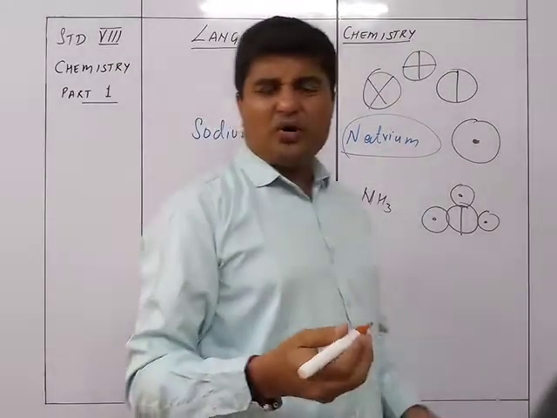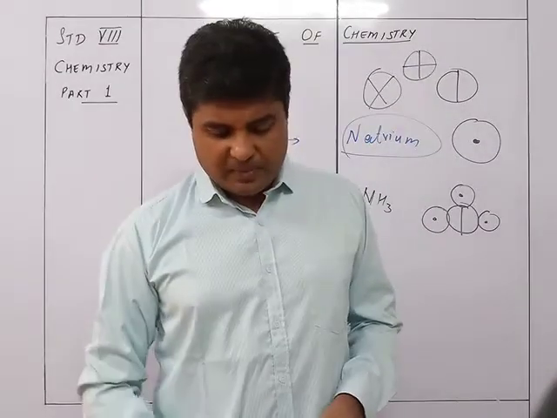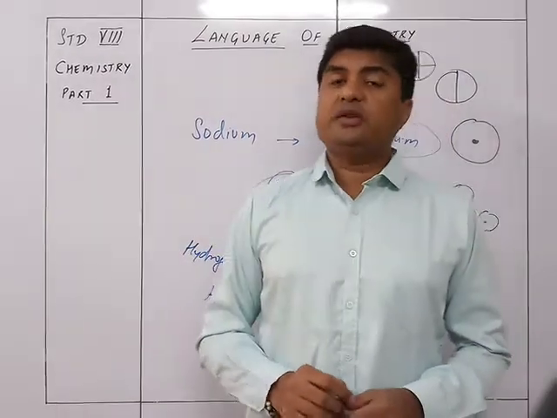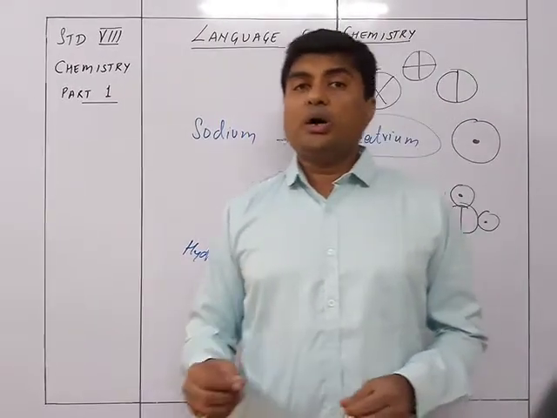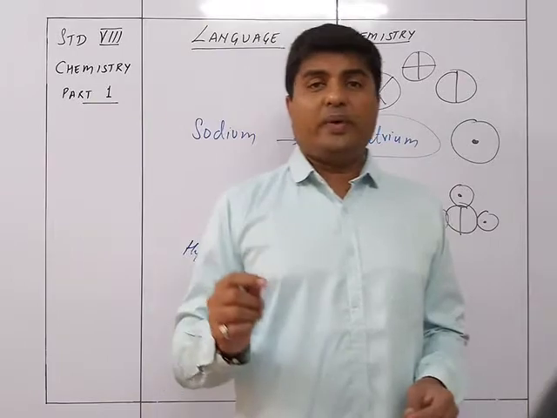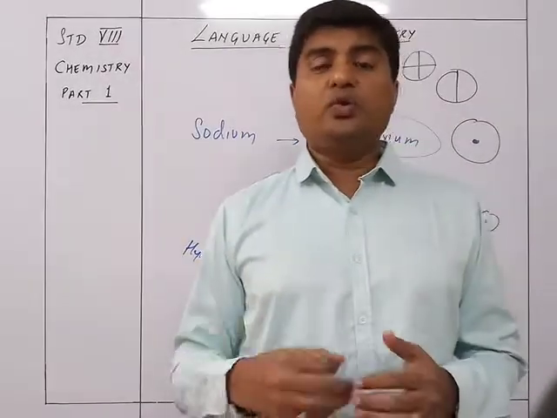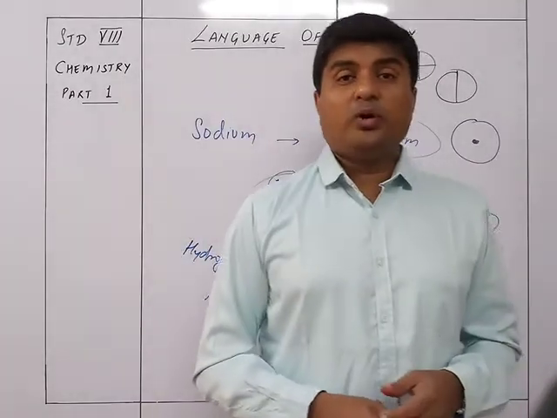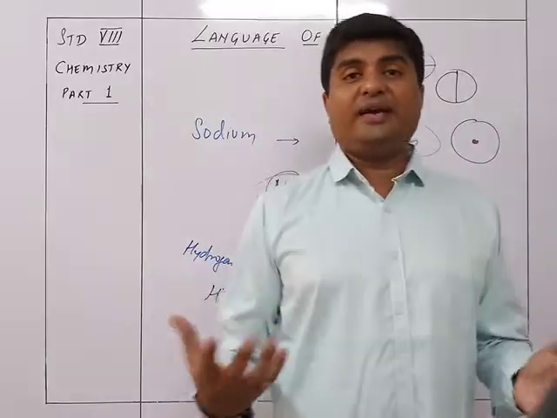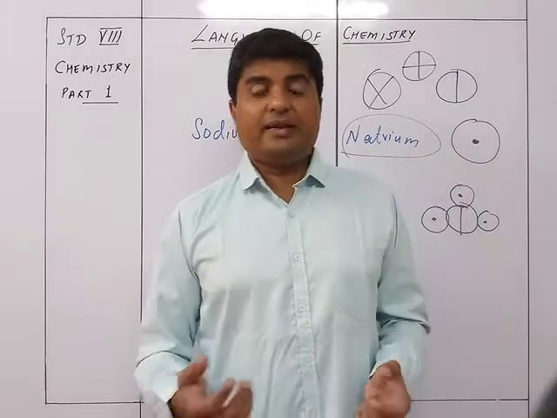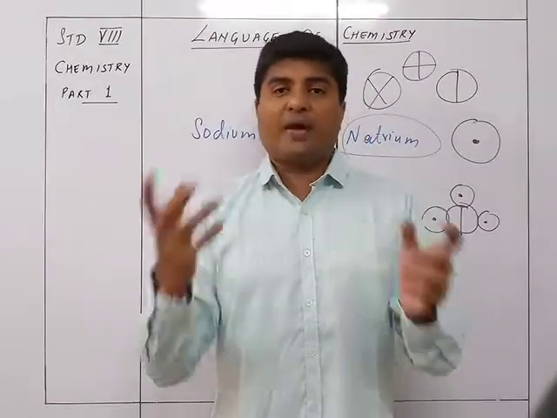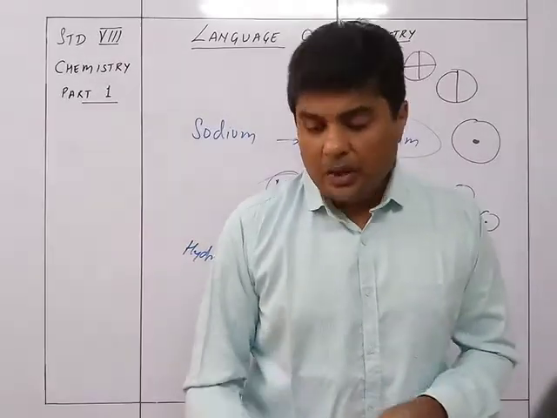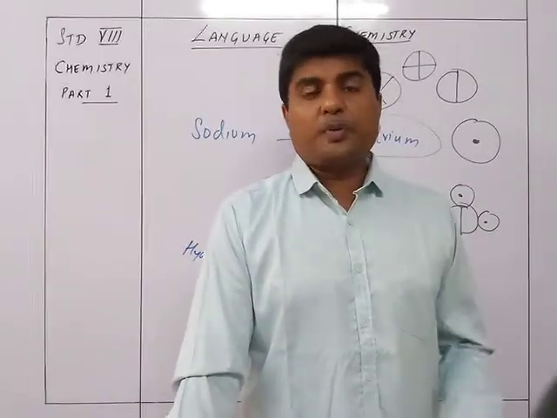So there would be some or the other kind of symbol which were made, and this figurative kind of symbols did not work because as and when the new substances or new elements were being discovered, it was difficult to identify each and every one of them. And that's the reason, इसके square डालेंगे तो comfortable नहीं था, तो इसलिए figurative kind of symbol, which was proposed by John Dalton, was discarded.